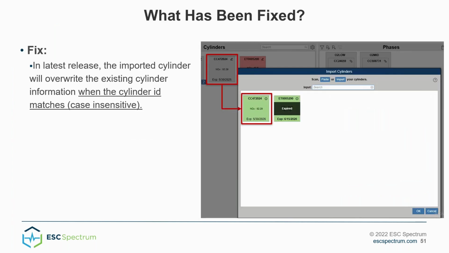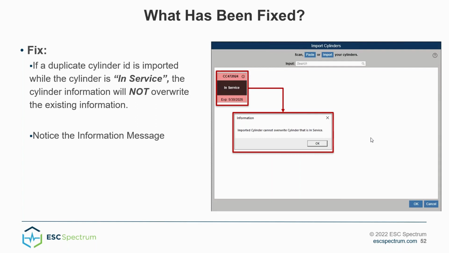Now, the cylinder ID will import in uppercase regardless of the import method. If the duplicate cylinder ID is imported while the cylinder is in service, the existing cylinder information will not be overwritten.